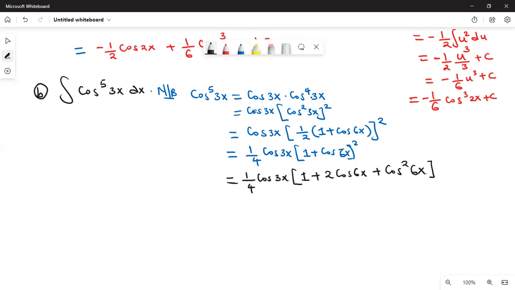And so you can expand this one, but I wanted to show you the easiest way. Instead of having to use this substitution here, 1 over 2 into 1 plus cos 6x, I want to use the other identity that cos squared theta plus sine squared theta is equal to 1.